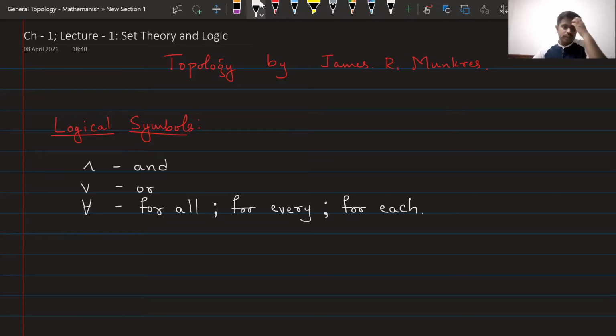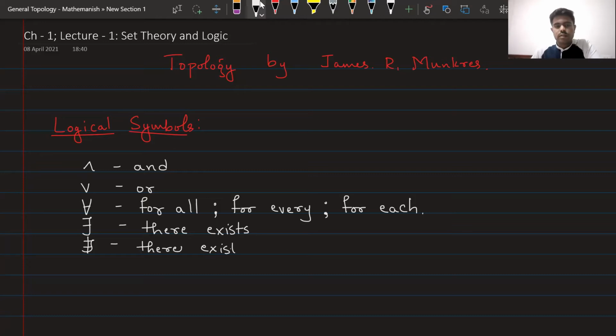Okay. The next one is this, that is there exists. Okay. And then if I write it this way, I mean there exists no such element, or the statement like that.